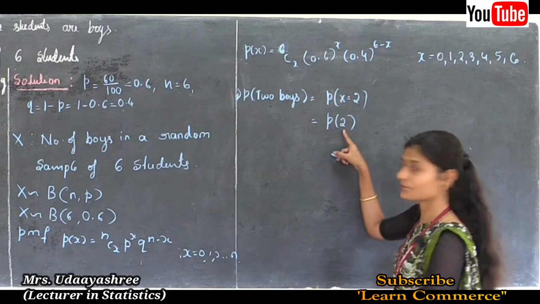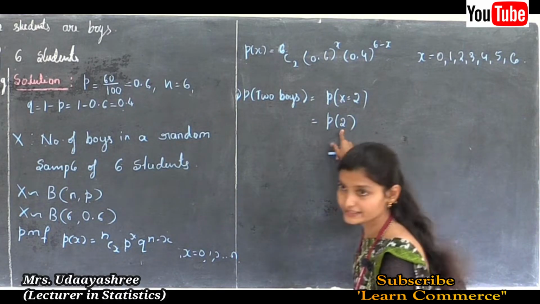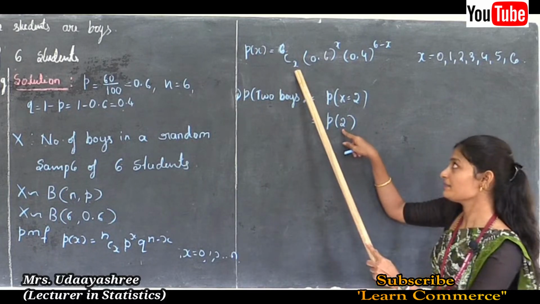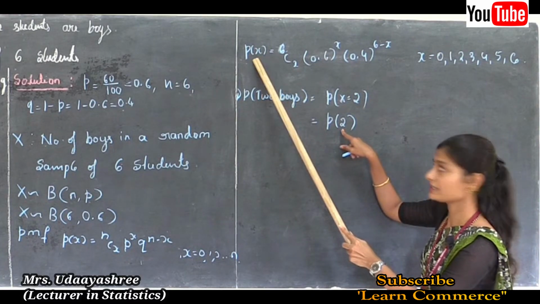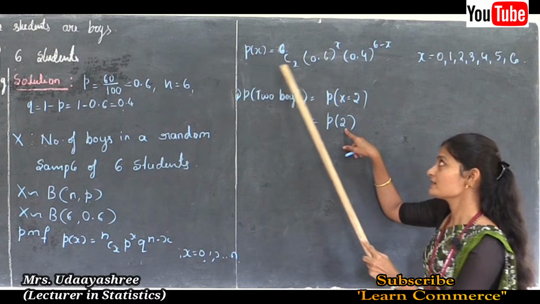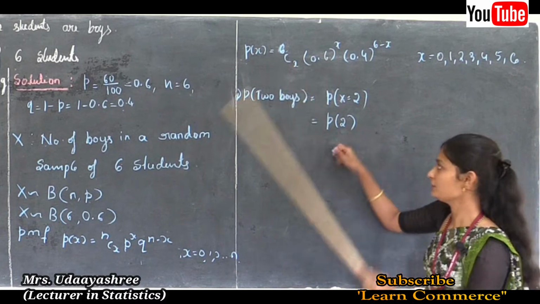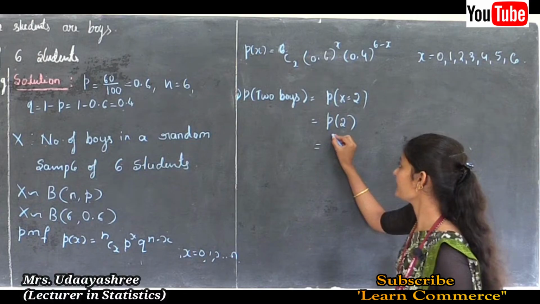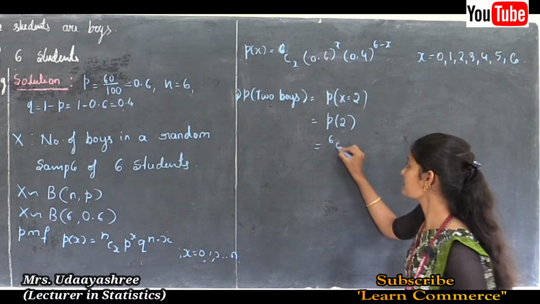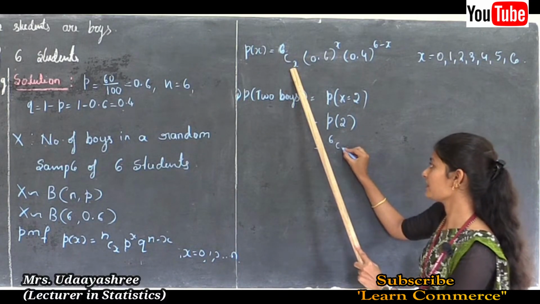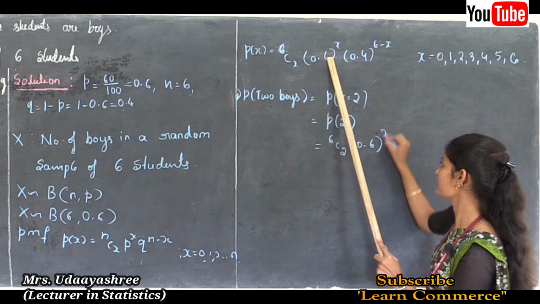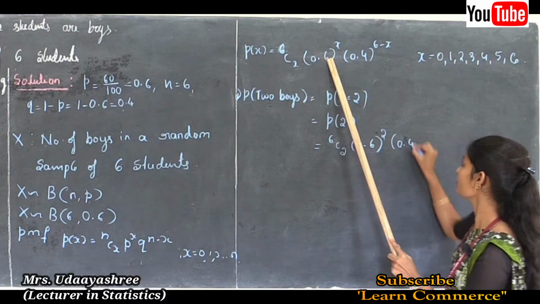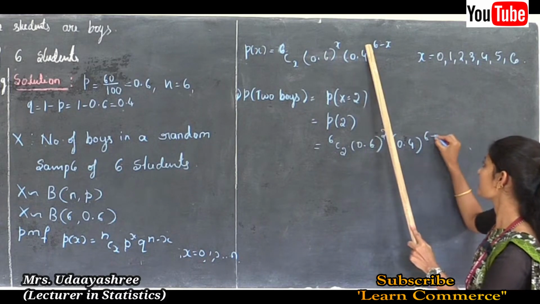So in the place of x, here it is 2, so instead of x we can write 2. This is equal to 6C2, 0.6 to the power 2, 0.4 to the power 6 minus 2.